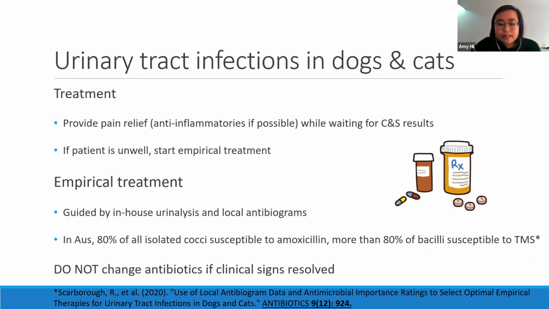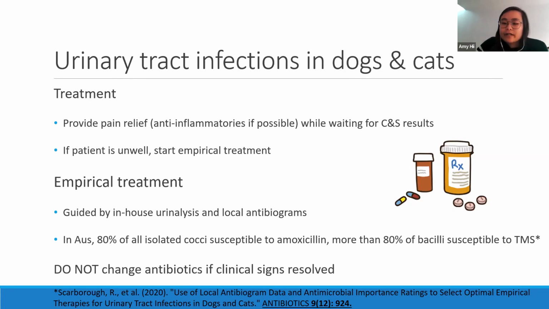Both of these are considered low-rated antibiotics according to the ASTAG ratings, so both are excellent options for empirical treatment. Keep in mind this recommendation is specific to Australia, as overseas there may be different susceptibility patterns and importance ratings, which may change the recommendations.